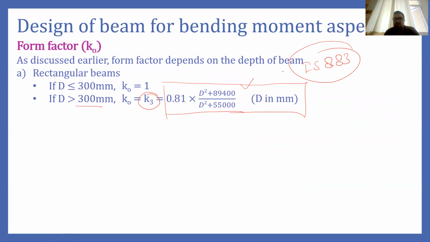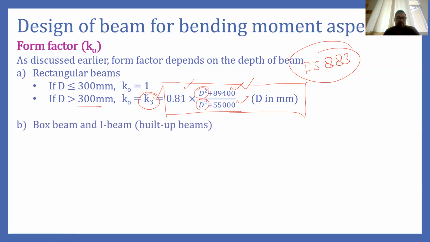I will show you that in this code later. So in this formula, D is the depth of beam and these are the constants. So using this relation, we can easily calculate the value of K3, and then we can put this K3 value in the equation of moment, and we can calculate the reduced bending capacity of the beam.